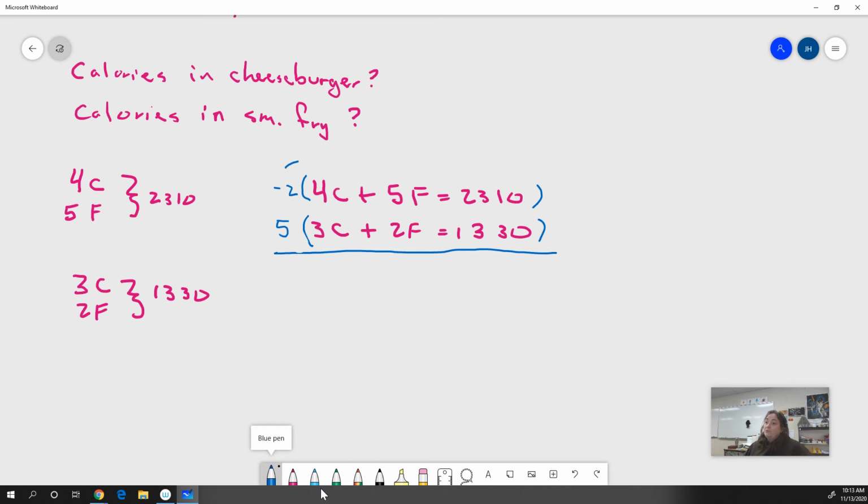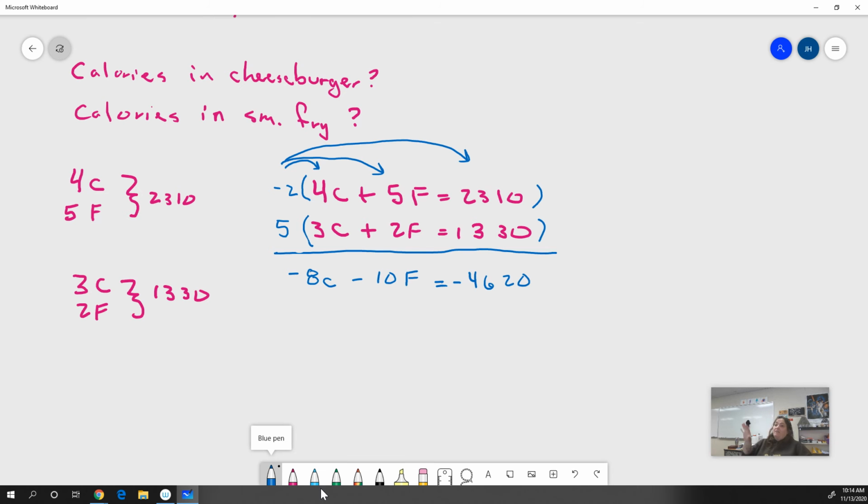And then I'm just going to distribute. I have -2 times 4 gives me -8C. And then -2 times 5 gives me -10F. And then -2 times 2310 gives me -4620.